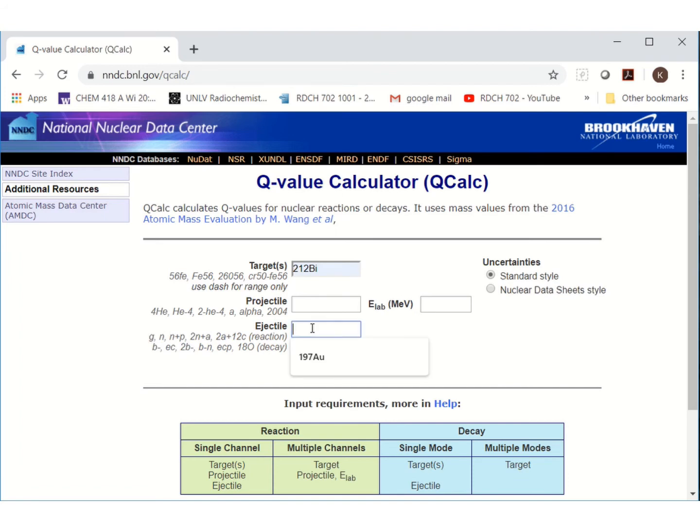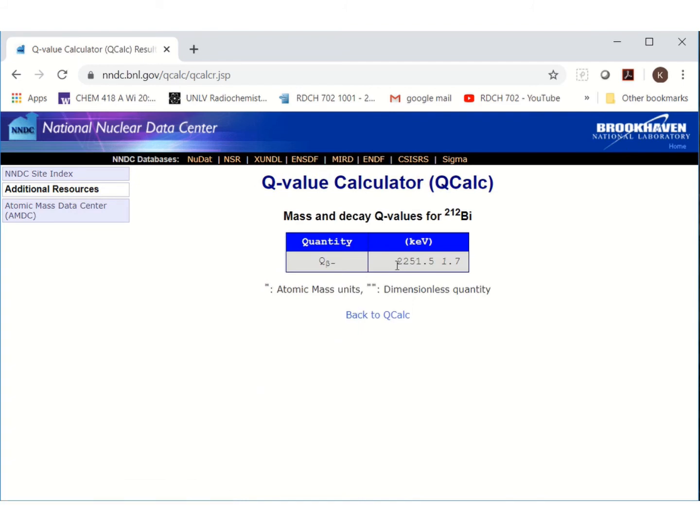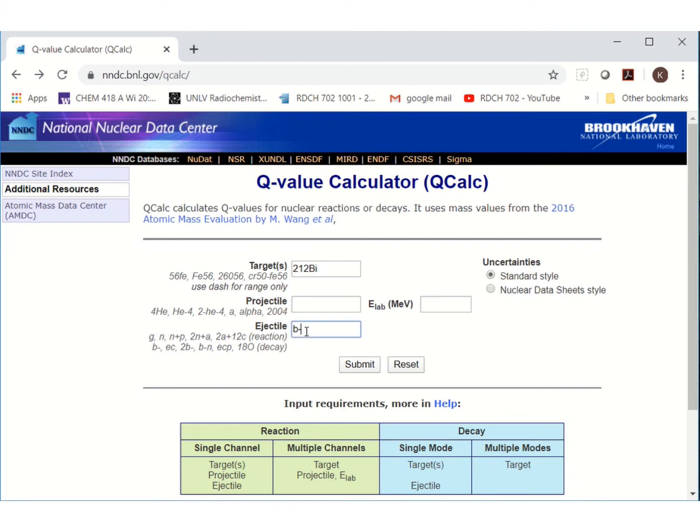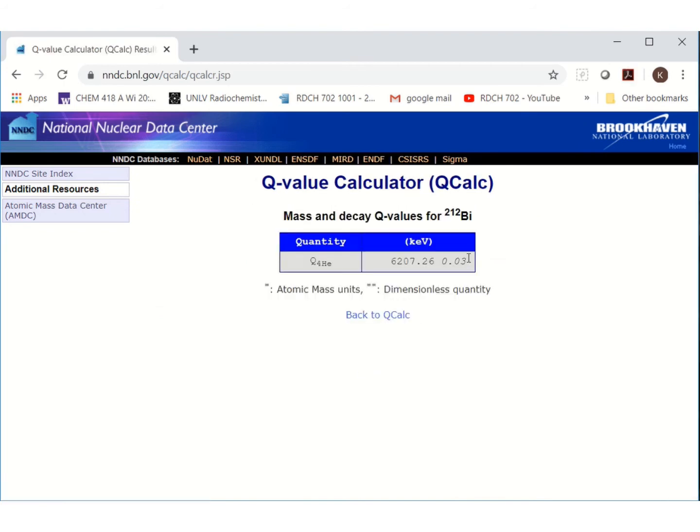So B minus is beta minus. I can get the reaction straight. If I wrote HE, I can get the alpha decay straight away.